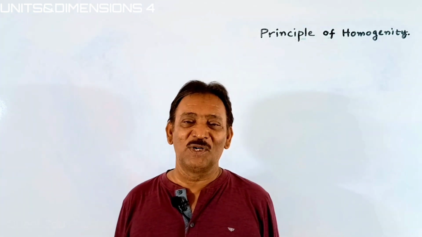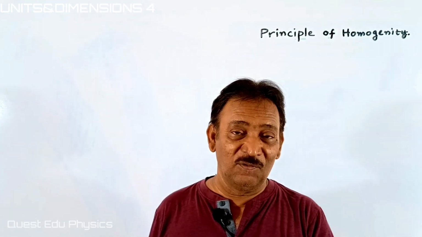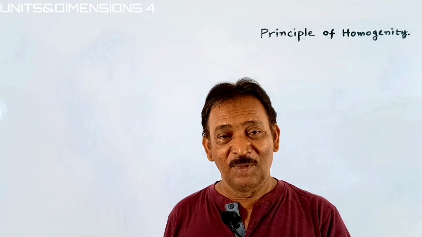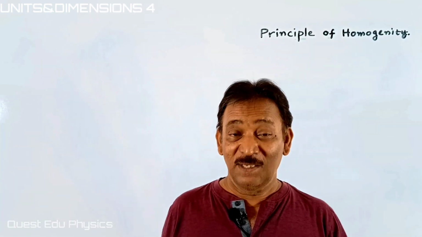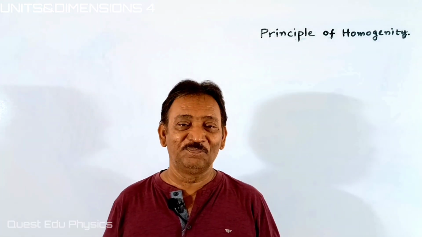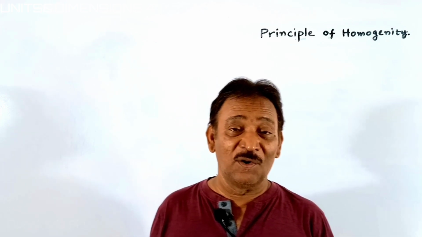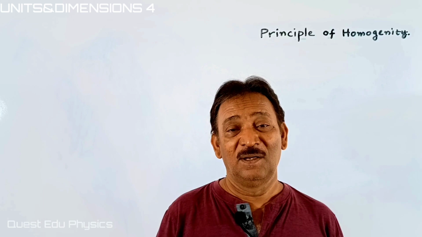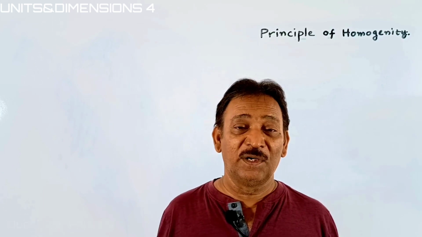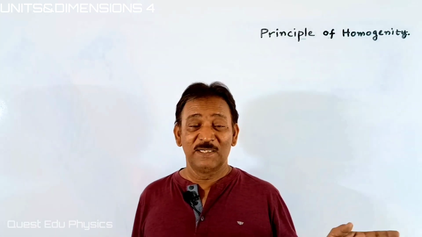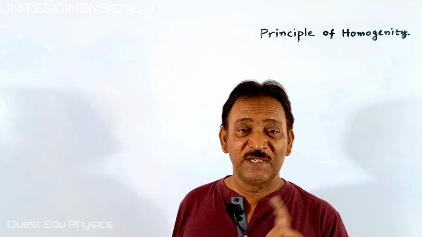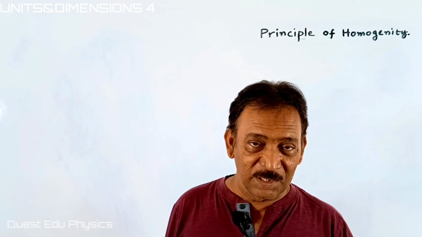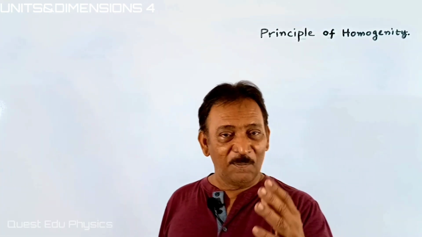Okay, students, but there is no restriction of multiplication and division of different physical quantities. See the last statement. There is no restriction of multiplication or division with other physical quantities. But it is saying that same kind of physical quantities can be added, can be subtracted, can be equated.